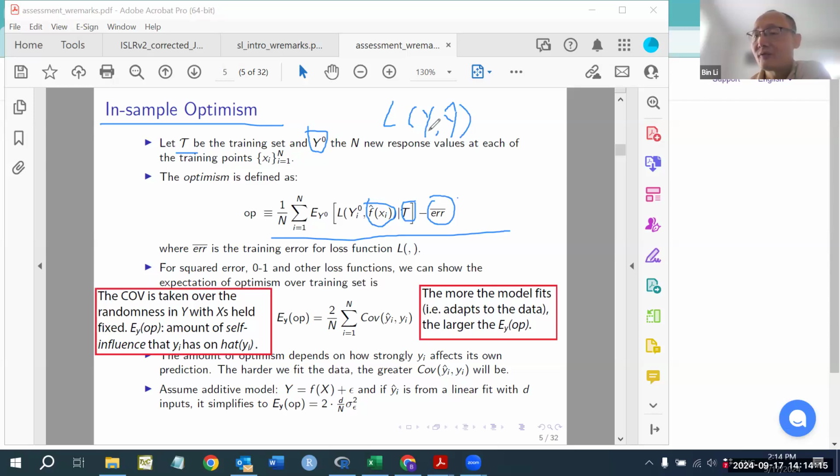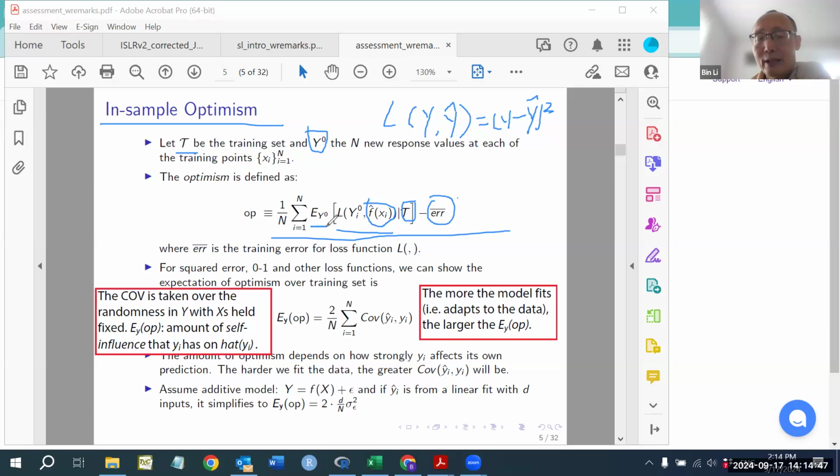One is the Y, what we observed, and the second one is what we predicted. So we can have a loss. The squared error loss is Y minus Y hat, take the square, and then of course take the summation. So that's the loss between the fitted model and the regenerated Y values.